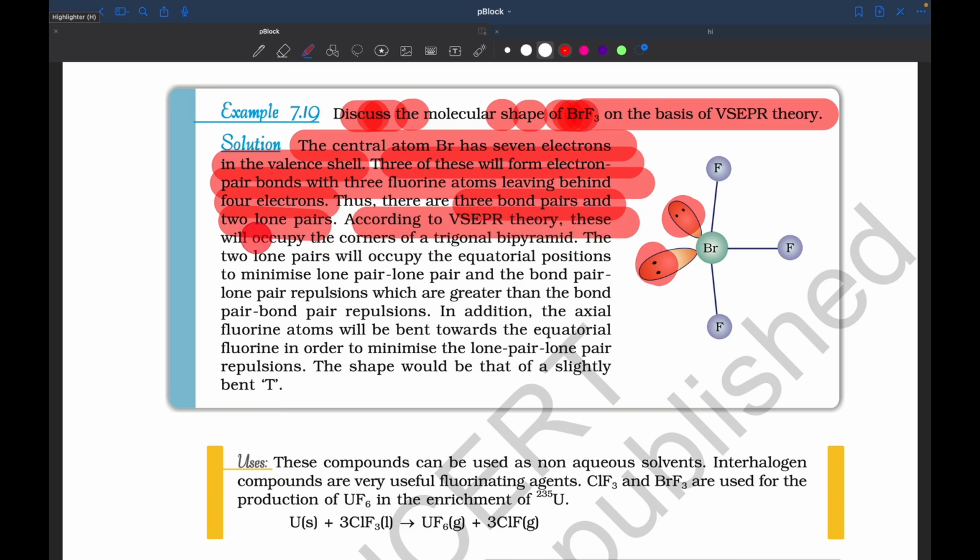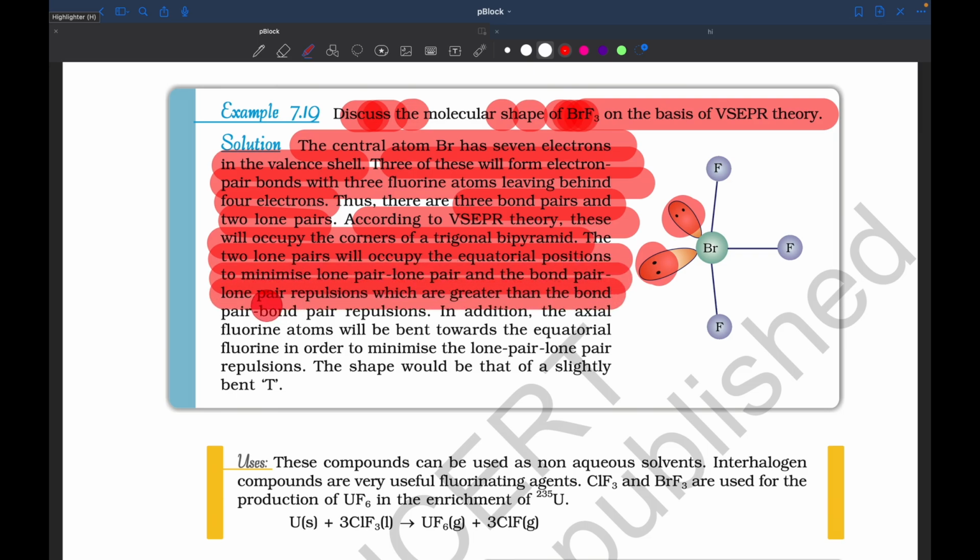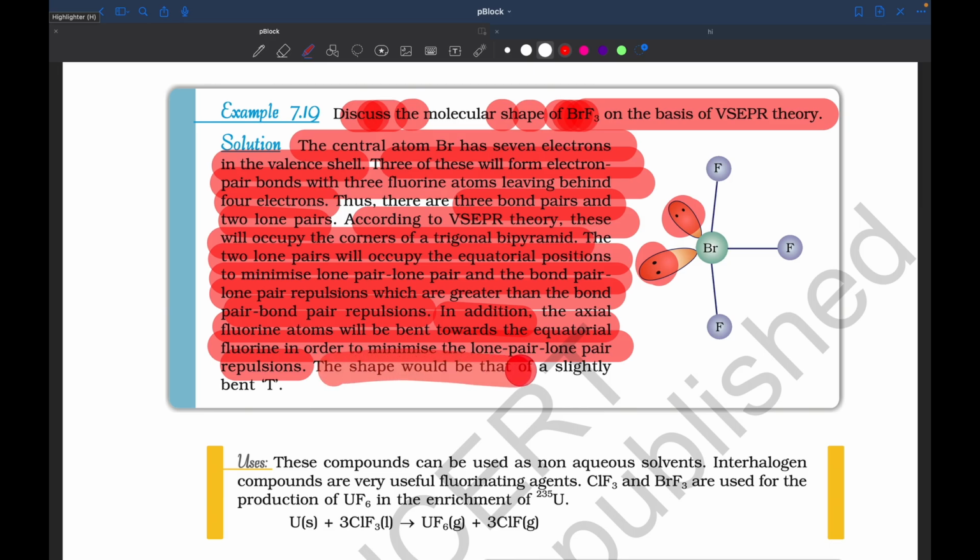According to VSEPR, they will occupy corners of the trigonal bipyramid. The 2 lone pairs will occupy equatorial positions to minimize lone pair repulsions, which are greater than bond pair repulsions. In addition, the axial fluorine atoms will be bent towards the equatorial fluorine to minimize lone pair repulsions. The shape would be bent, that of a slightly bent T shape.